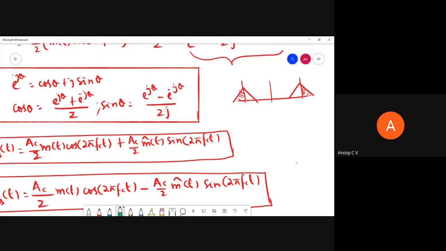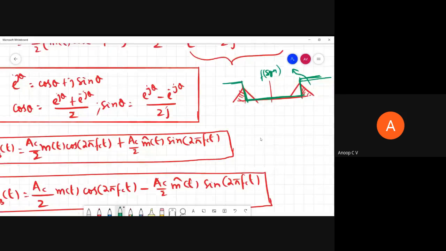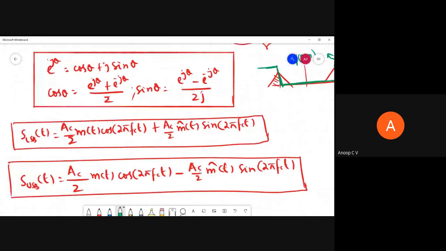For that, you should have a filter like this, a high pass filter with this characteristic. If we can write this in terms of the signum function, then the remaining everything will be the same. So this is the time domain expression for the SSB system.